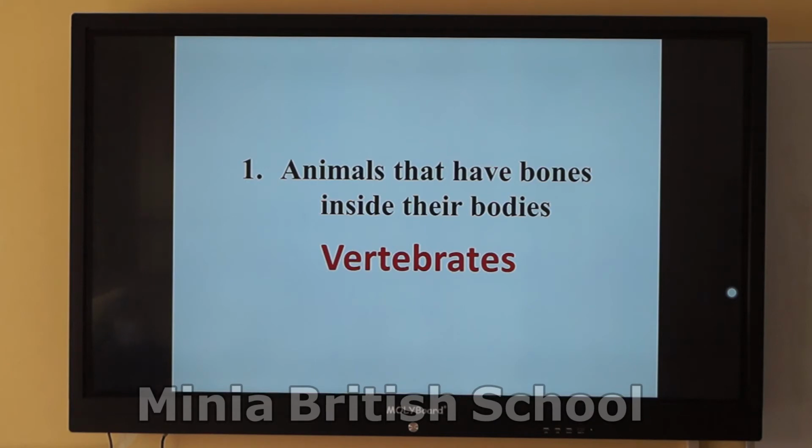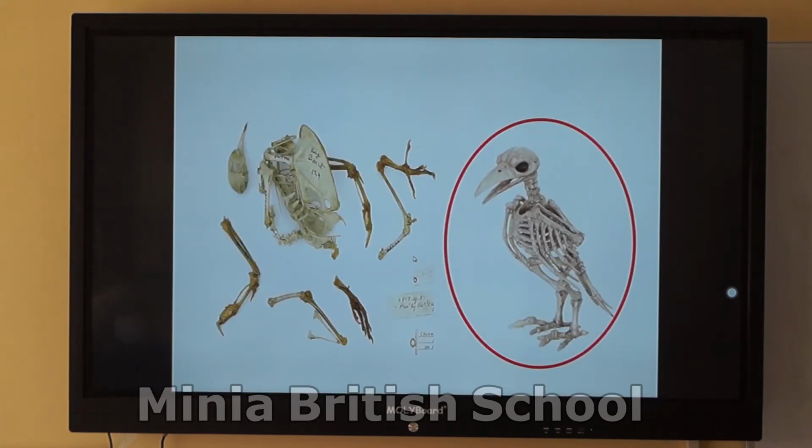As every one of you has a name, for example, Ali, Ahmed, Renee, also this group of animals that have bones inside their bodies is called vertebrates. So, animals that have bones inside their bodies are called vertebrates. Okay? Now, look at these pictures.